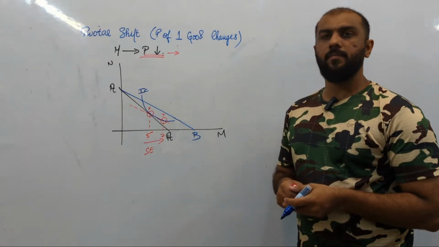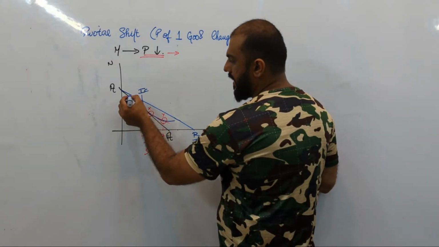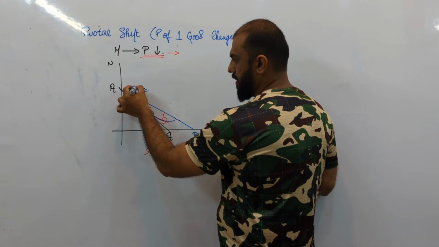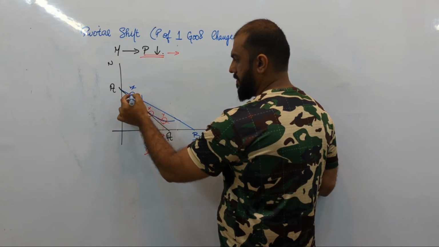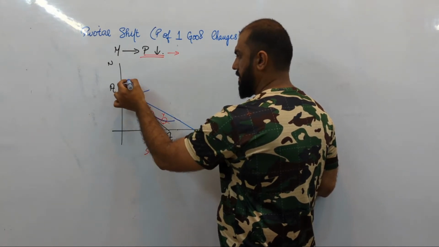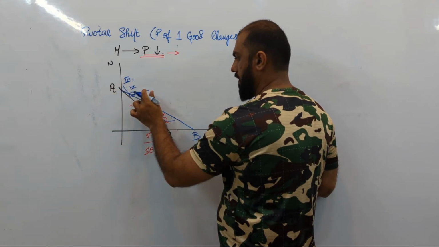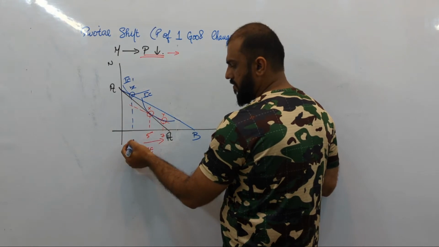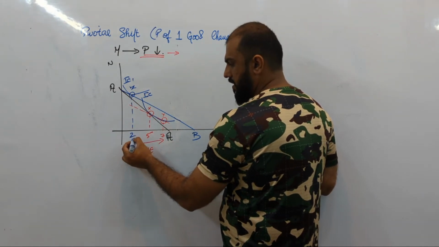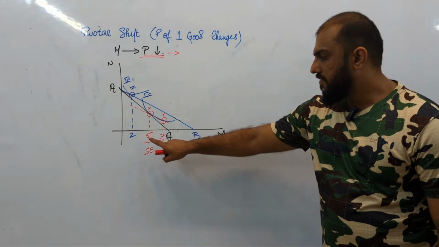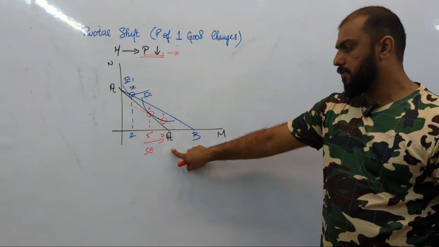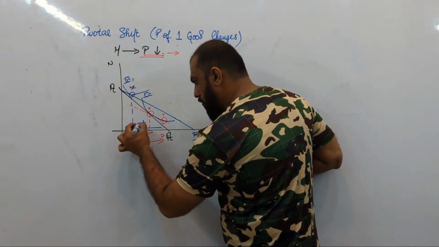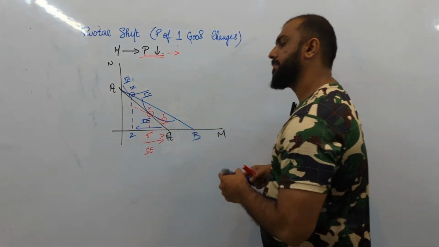Now, if I made my point Z right on the corner over there, let's say this is point Z. This becomes my IC1 and this becomes my IC. So now we are consuming 5 units initially, we move to 7, and then from 7 all the way to 2 is my income effect.